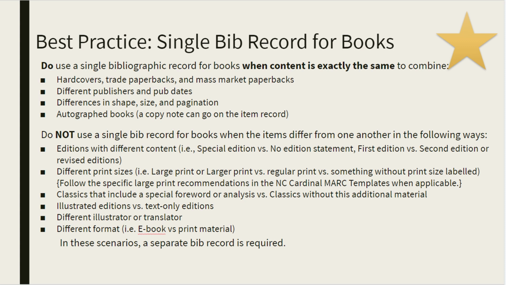So little bitty things, but if you're getting a fair amount of commentary from somebody, that can be pretty important. Illustrated editions versus text-only editions. These should not be cataloged on the same record. So you've got Harry Potter and the Sorcerer's Stone, and then you've got Harry Potter and the Sorcerer's Stone, the illustrated edition. Those are two different things because those illustrations can be very significant.